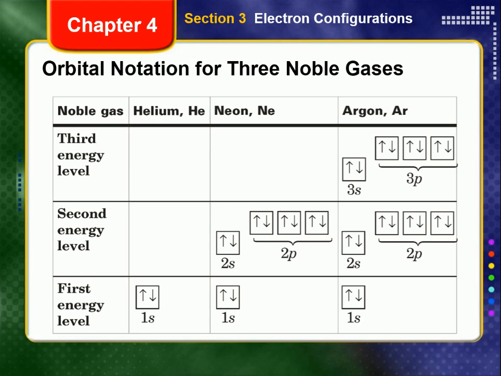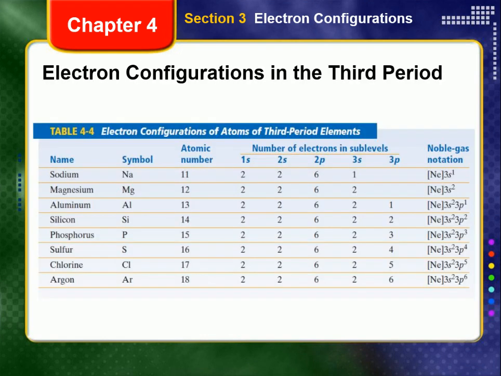On page 111 of your text, table 4-4 shows the noble gas notation for the electron configuration of each of the third period elements. The last element in the third period is argon, which is a noble gas.